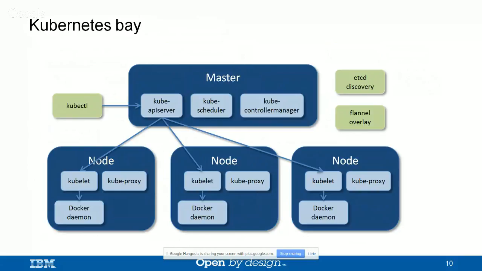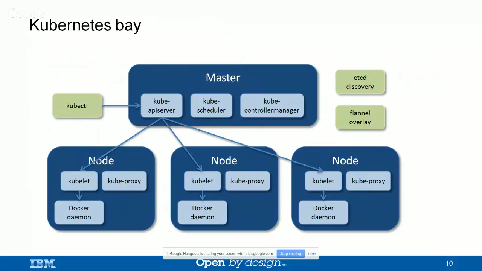So when you use the Kubernetes client like kubectl or the Kubernetes UI, it's going to talk to the kube API server. Then when you launch a container, the container will be scheduled by the scheduler, pushed out to the kubelet on the node, and then eventually Docker would launch the Docker container.